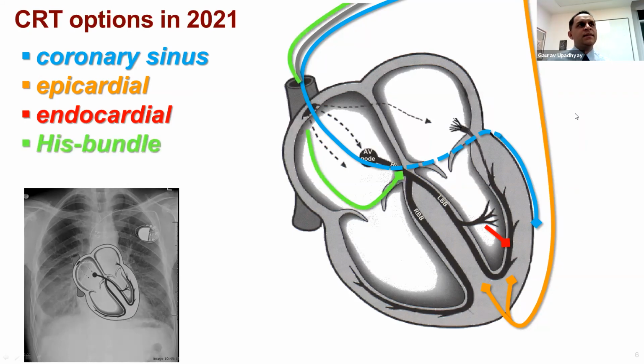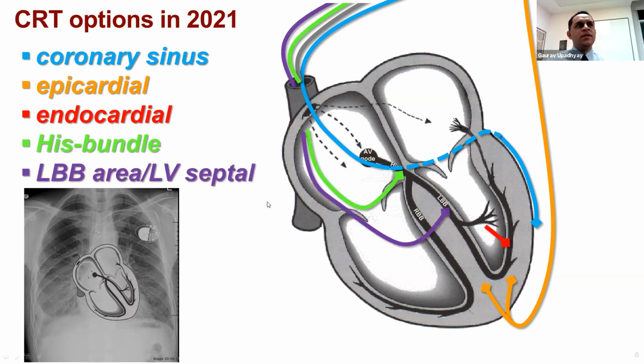Then there's His bundle pacing. The idea is to pace at the level of the His to capture beyond the site of proximal left intra-Hisian block. And perhaps the most recent approach is to pace the conduction system on the left side directly. This is called left bundle branch area pacing or LV septal pacing.